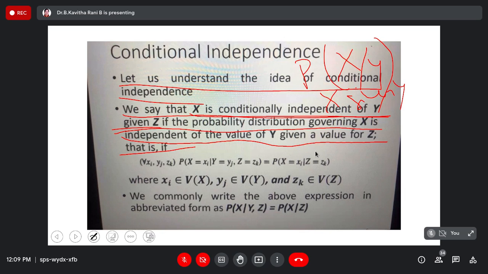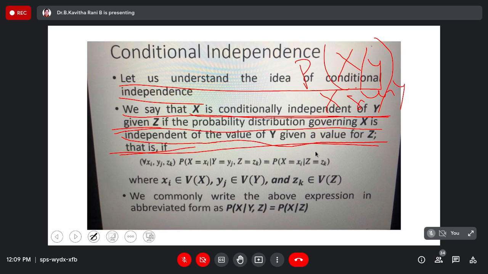That is, some are dependent, some independent. So that we are specifying here by using the Naive Bayes concept in Bayesian belief. So X is conditionally independent of Y when Z is given. So this condition we are applying here: if for every xi, yj, zk, that is, these are variable values.